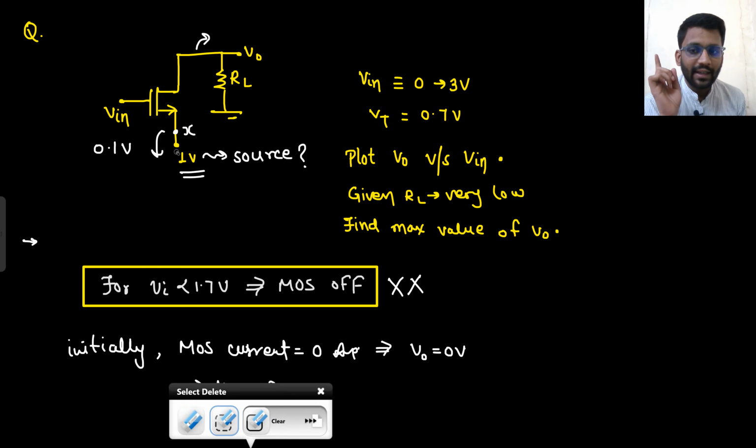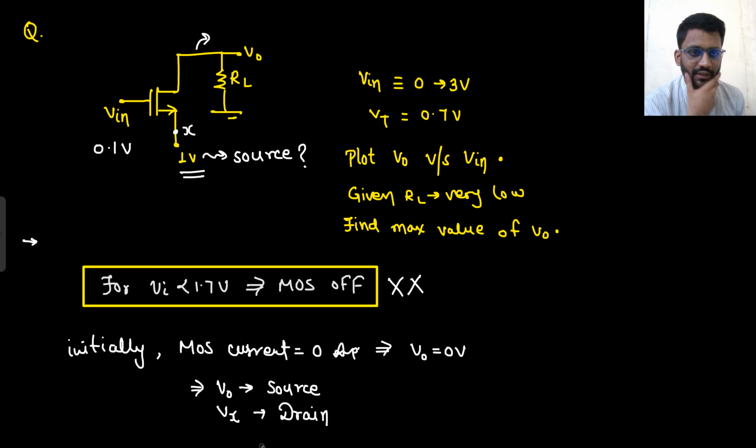Let's just say sometimes it becomes source. Then what will happen? The current will flow in this manner. Say yes or no. If X potential becomes source, the current will flow in this manner. If the current flows in this manner, then what will be the voltage drop? Now this V0 voltage drop will certainly be lesser than 0. Say yes or no.